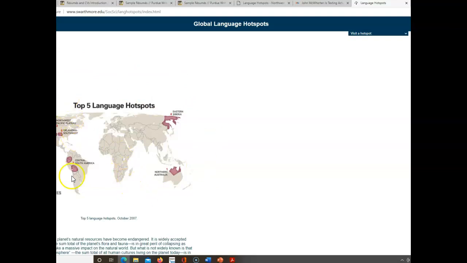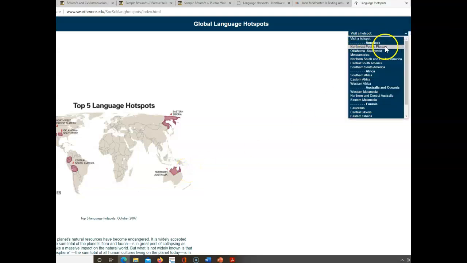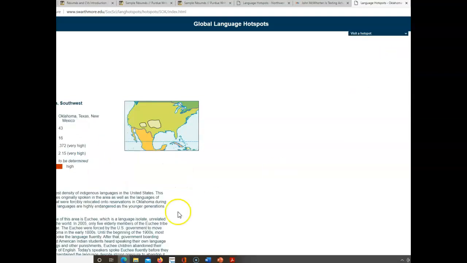And you can see, sorry, it's a little bit off the screen here, some areas where languages are under threat of extinction, right? So, for example, if we look at one of these hotspots, which is in Oklahoma, Texas, and New Mexico, these are indigenous North American languages, which are highly endangered, right?